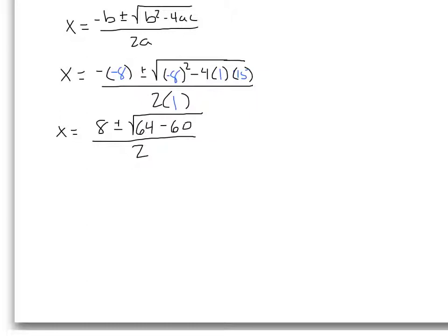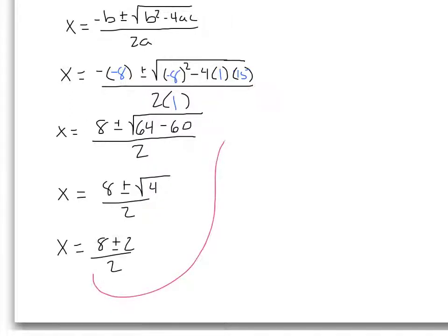So continuing on here. X equals positive 8 plus and minus the square root of 4 over 2. What is the square root of 4? 2. So x equals 8 plus and minus 2 over 2. Great. Those are two answers. Let's bring our work over here a little bit. Give me a little extra space.